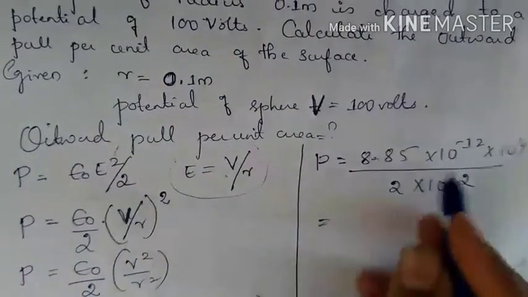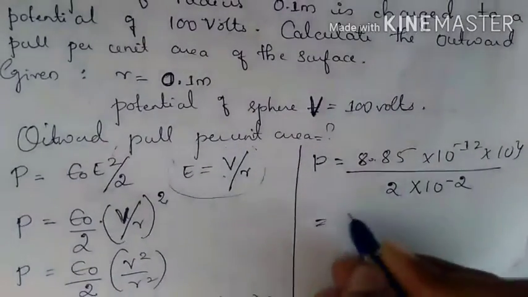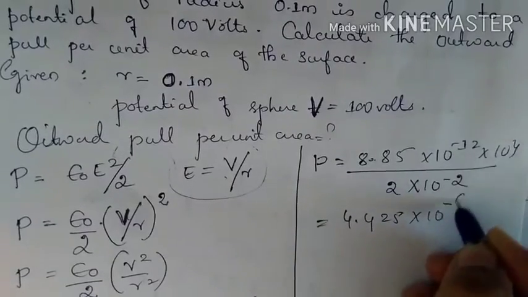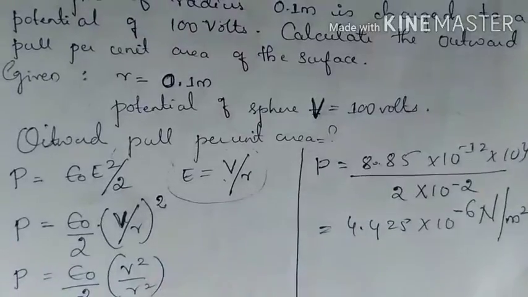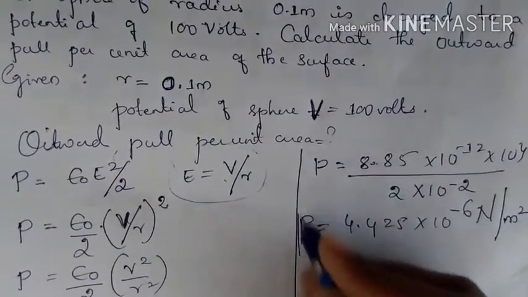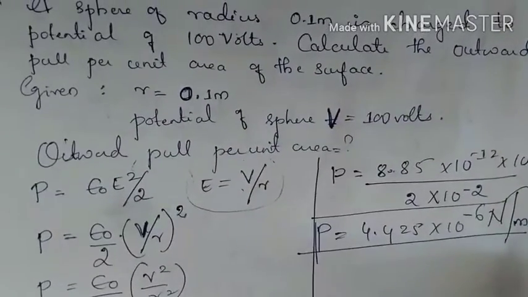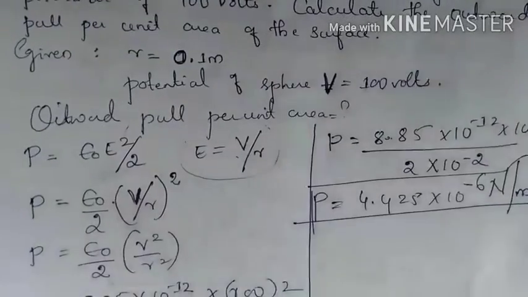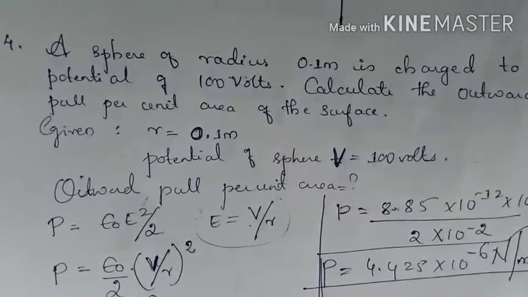Now if you divide 8.85 by 2, then you get 4.425 into 10 power minus 6 Newton per meter square. So this is the value of P. What is P? P is the outward pull per unit area of the surface. So this is the solution for the fourth question.